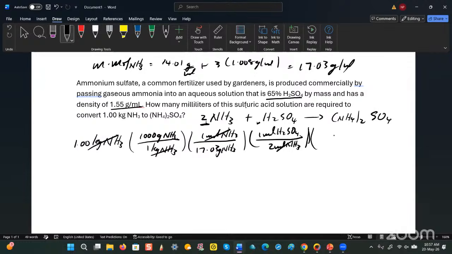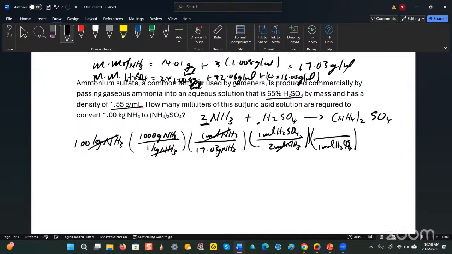Okay, this step would involve getting the mass of the acid. So 1 mole of H2SO4 would be down here, and above would be the molar mass of sulfuric acid. Let me do that calculation here. Molar mass of H2SO4 would be equal to 2 times 1.008 grams per mole plus sulfur, which is 32.06, plus 4 times 16.00 for the oxygens, grams per mole.